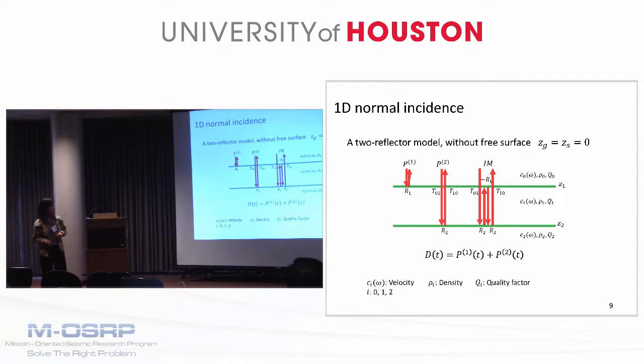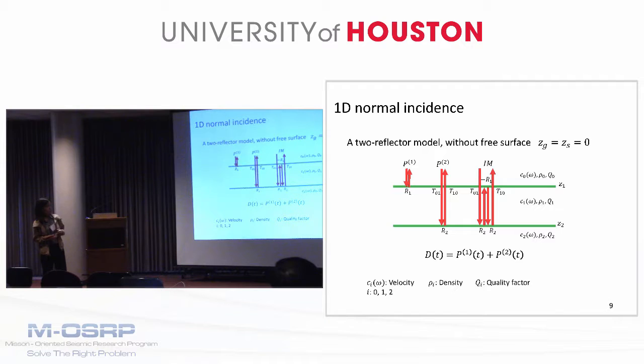The ISS attenuation algorithm is designed for both multi-D Earth and 1D Earth. Here, for simplicity, we just take a 1D normal incidence example to show you how it works. Here we have a two-reflector model without a free surface, so there is no ghost and no free surface multiple in your data. Both source and receivers are at a depth of 0 meters.